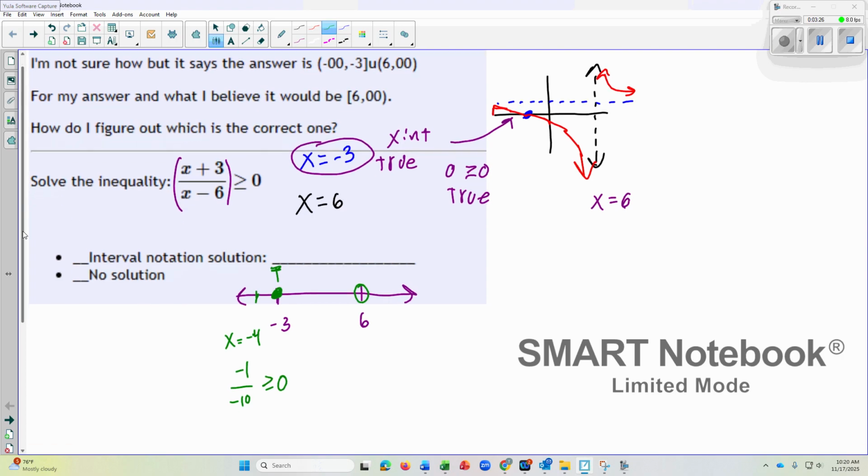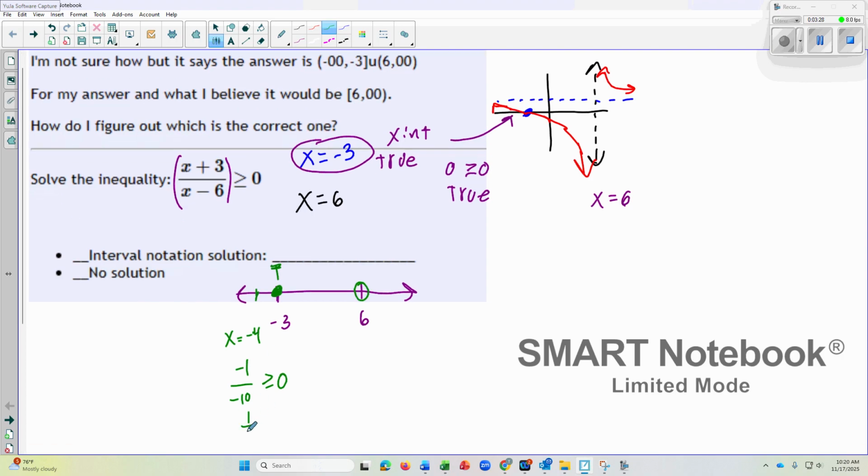Well, that double negative will turn that positive. And so I have a positive number greater than or equal to 0, which is true. Positive numbers are greater than 0, right? So this part would be true right here. And that's what you had written right here, what they gave you. So that's the first part.